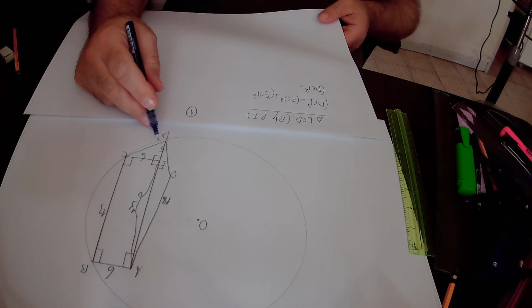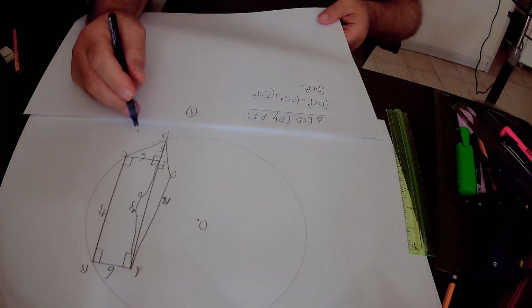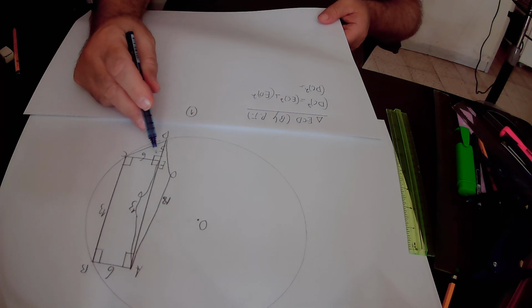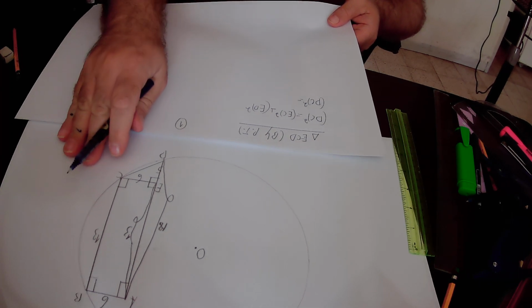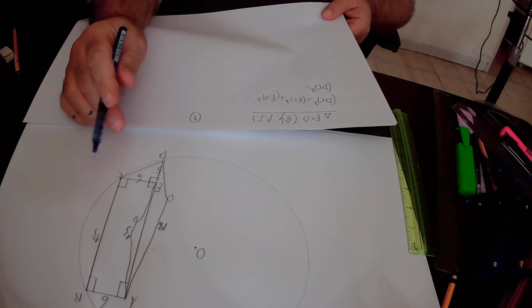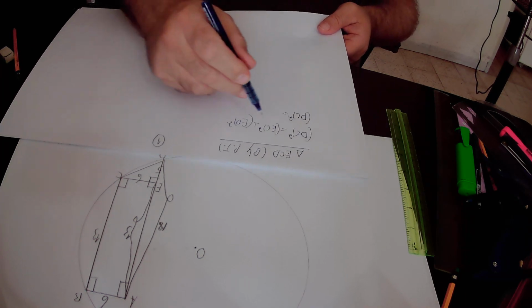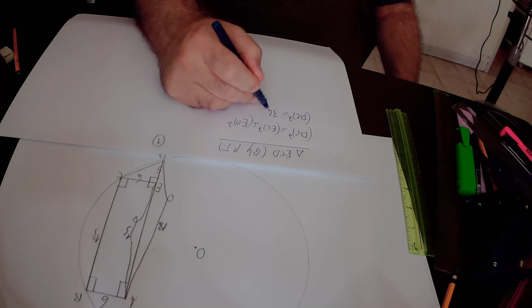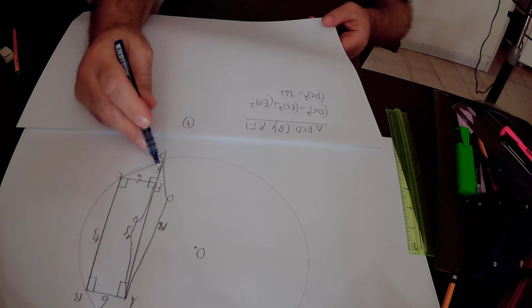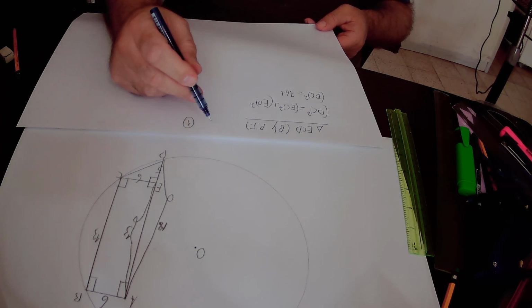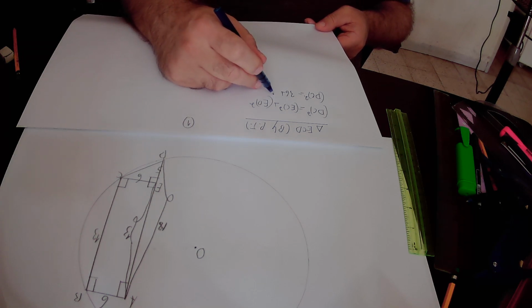EC equals 6 units, therefore EC squared equals 6 squared, that is 36, plus ED squared. ED equals 5 units, therefore ED squared equals 5 squared, that is 25.